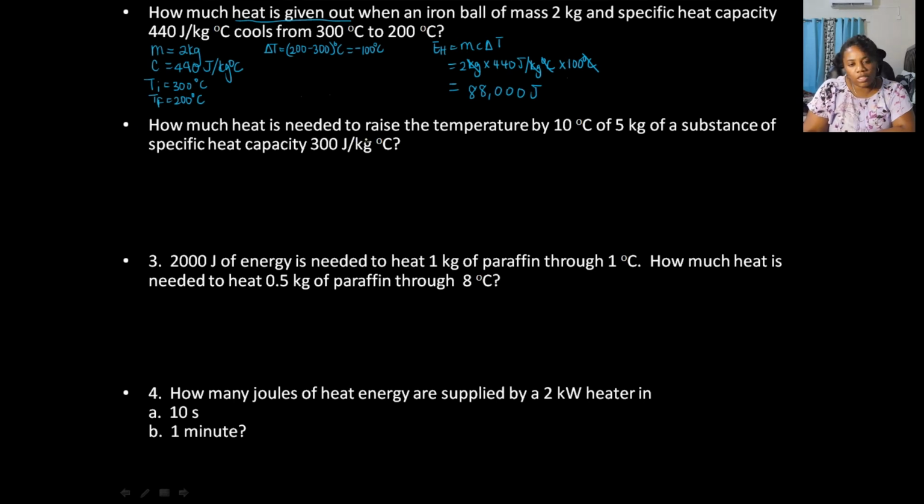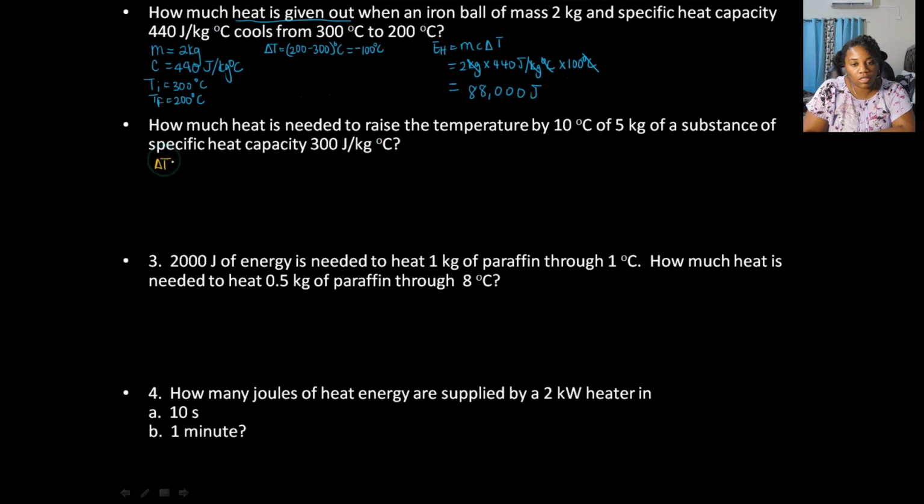How much heat is needed to raise the temperature by 10 degrees Celsius of 5 kilograms of a substance of specific heat capacity 300 joules per kilogram per degree Celsius? So how much heat is needed to raise the temperature? Okay. So we're looking at the temperature change.